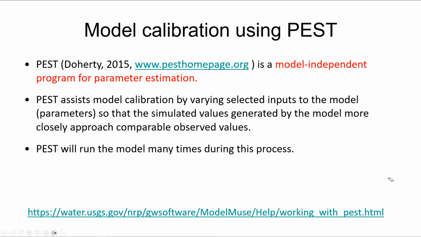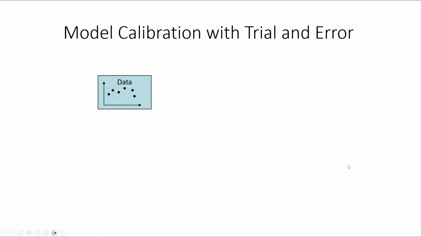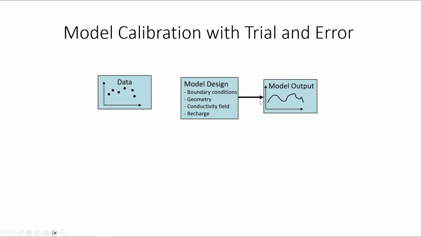So here is model calibration with trial and error. This is the data that you are observing in the field. Then you design and set up your model, your boundary conditions, your geometry, your hydraulic conductivity, your recharge. Then you run your model, get a model output, and compare what you are observing with the model output.